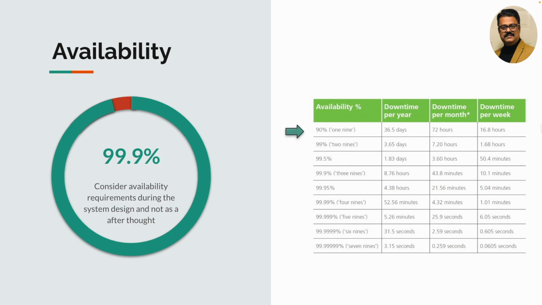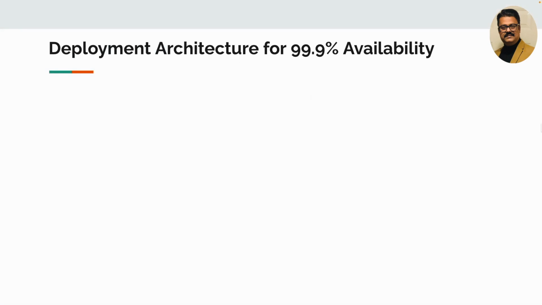Like 1 nine or 90% shows 36 days of outage or downtime during the year, where 5 nines gives you not more than 6 minutes of system outage in a year. Now, the availability requirement for our system is 3 nines, which is 99.9%, which is around 9 hours of outage in a year.